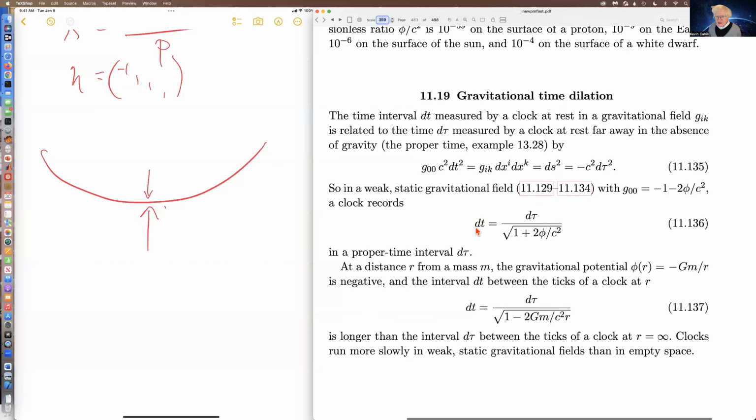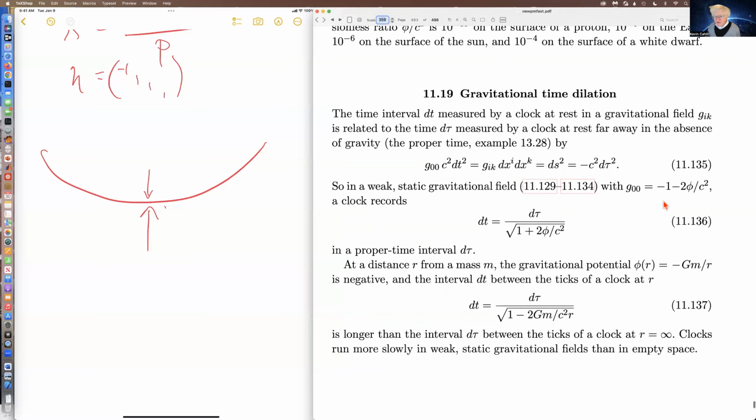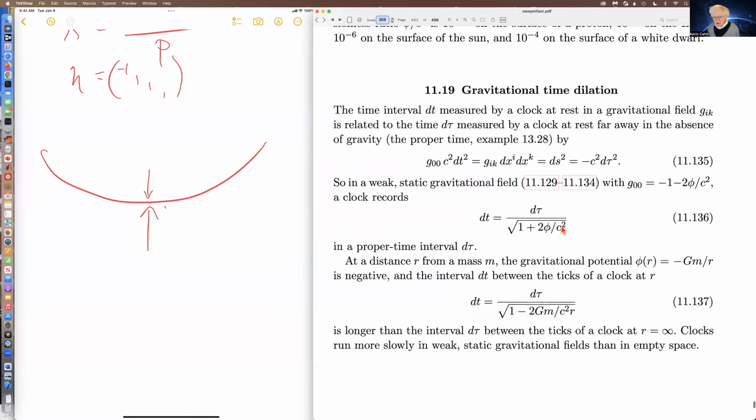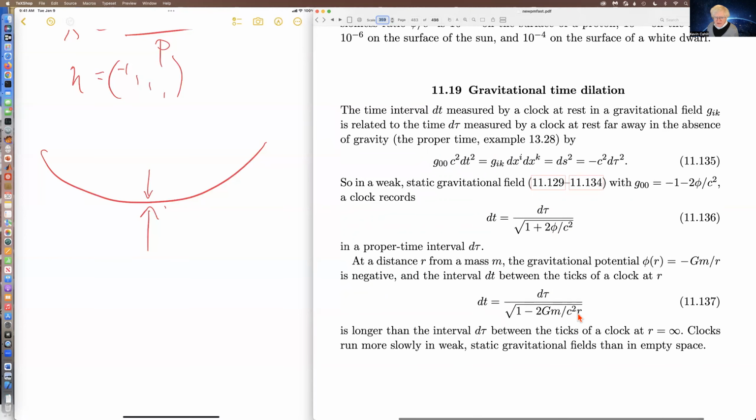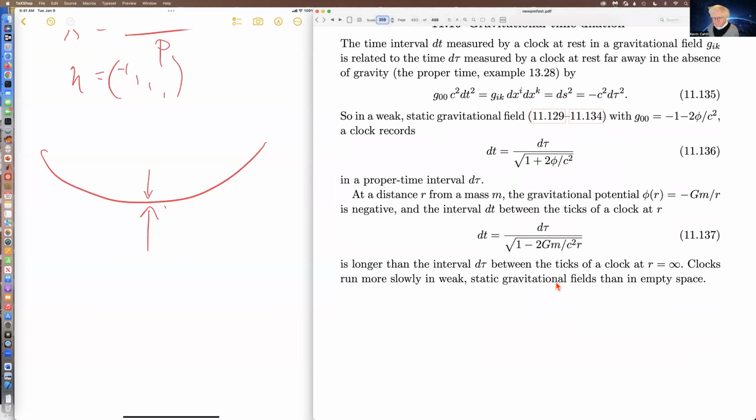And so then what we get is dt is dτ over, remembering that g00 is -1 minus 2φ over c squared, this expression here, and φ is negative. In particular, for φ, if you're a distance r from a mass M, I should have used a capital M there, then the interval between ticks looks like this.